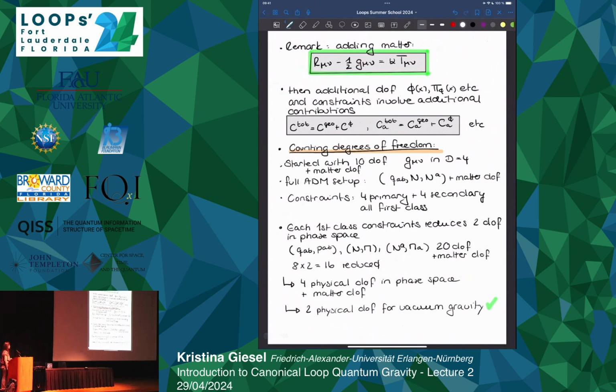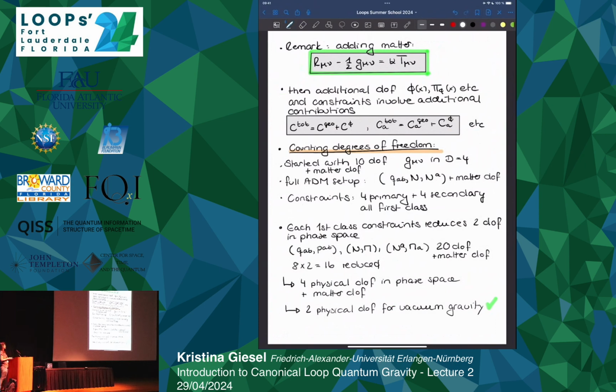Now, if we want to extend everything I said to the case of matter, where we have something sourcing the geometry on the right-hand side, this can be easily done. Just follow the same procedure. You have two actions, let's say Einstein-Hilbert and some matter action, or even several of those. And then you can perform the same analysis. You will end up with the same 8 constraints.